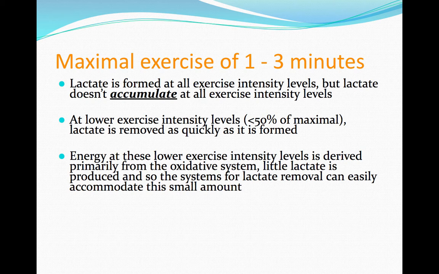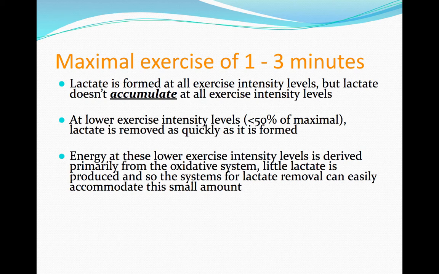I said this last lecture, lecture 5, when you create a glucose from a non-glucose substrate, that is called gluconeogenesis. So you can do that in the liver. You can also take lactate to adjacent muscle cells to be used, or it can accumulate. So at lower exercise intensity, like 50% of max or so, lactate's removed as quickly as it's formed.